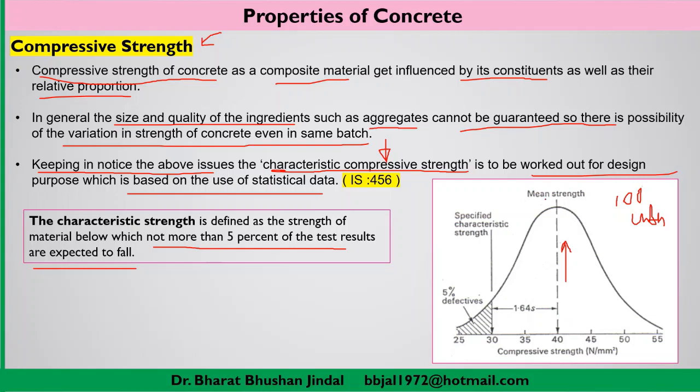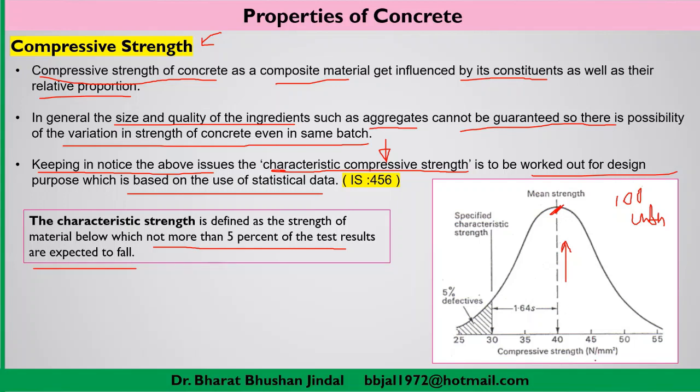And then using statistical analysis, as we have done in mathematics, you may find that, see here in this graph, 40 Newton per mm square is the strength, and most of the cubes are giving a strength of 40 MPa.